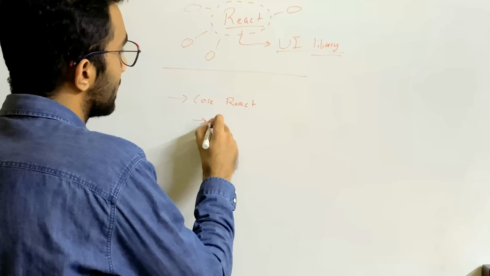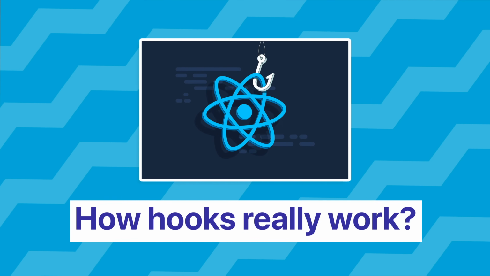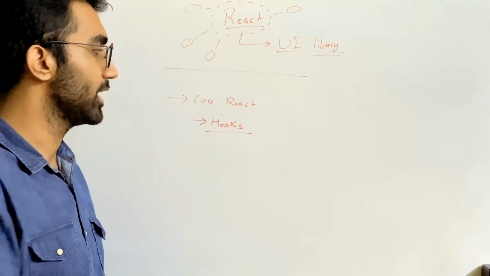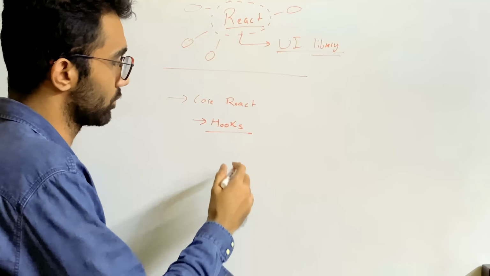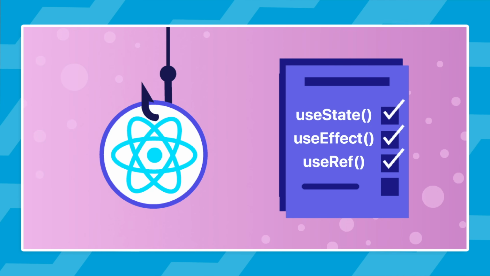So especially with React, right now, having a massive clarity on how hooks really work, not just how to use them, but what is exactly happening with hooks is especially useful, and especially with useState, useEffect and useRef.